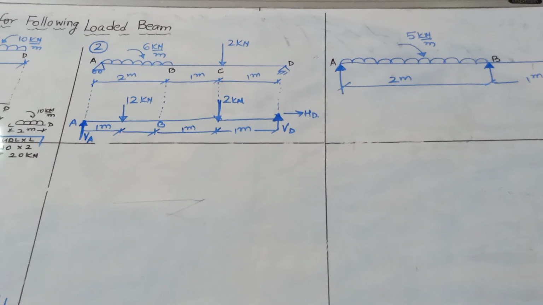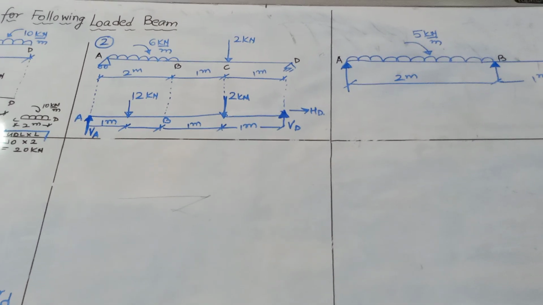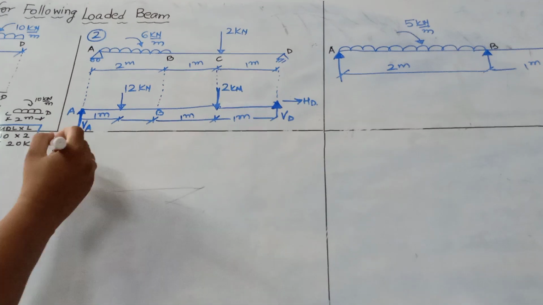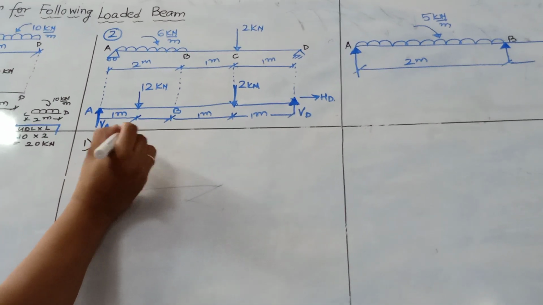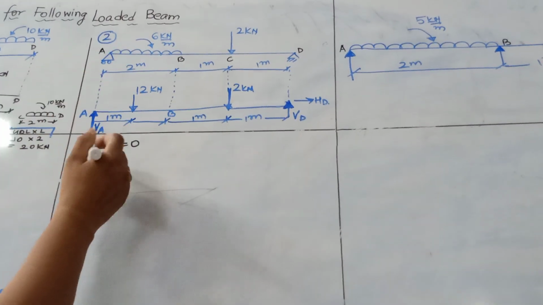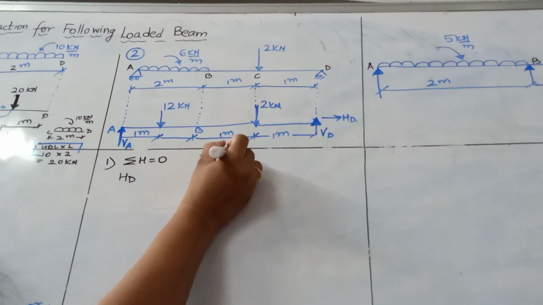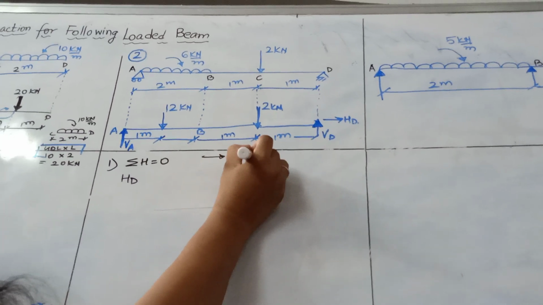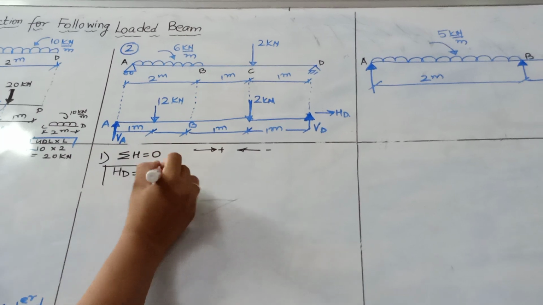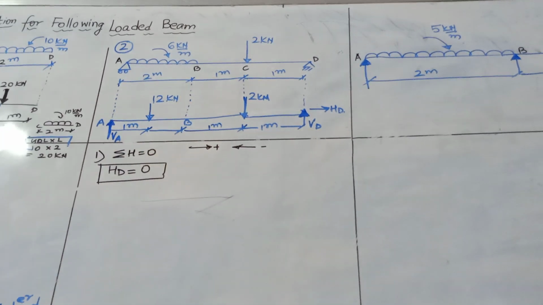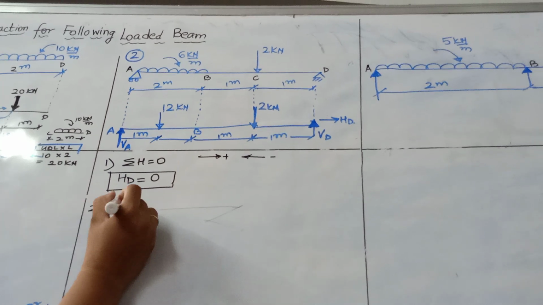Now what we have to do? We have to apply our conditions of equilibrium. And to apply the conditions of equilibrium, the first step is sigma H is equal to 0. So there is no horizontal force acting, only HD in the right direction, which is considered as positive and left as negative. So HD is equal to 0 is already satisfied. Then we come to the second equation. What is our second equation?